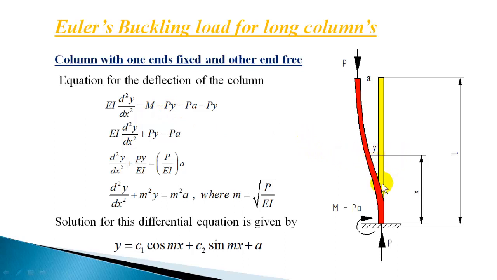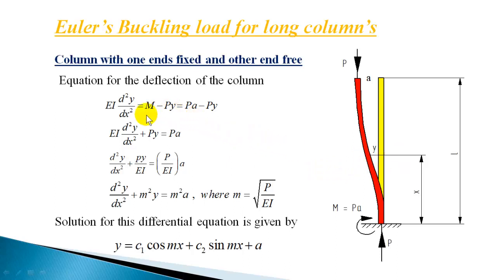At this section, I am taking the net moment of all the forces on one side, the bottom portion. The net moment is plus M minus P into y, Py being clockwise. So plus M minus Py is the net bending moment at this section.